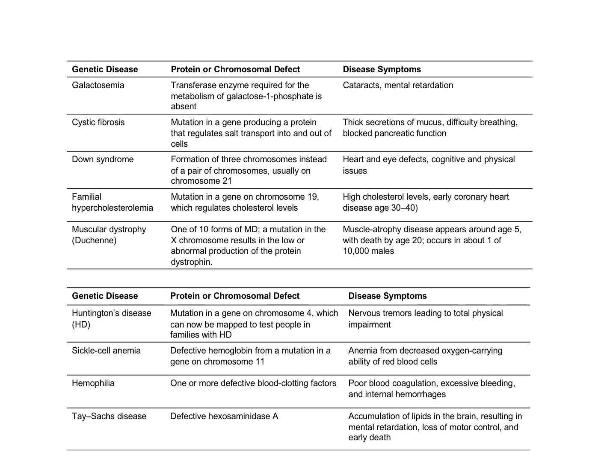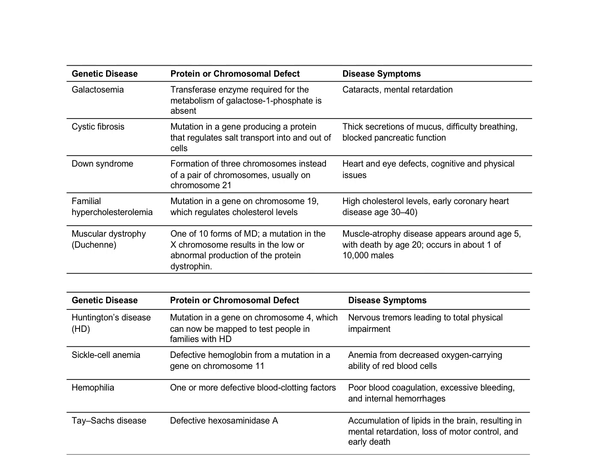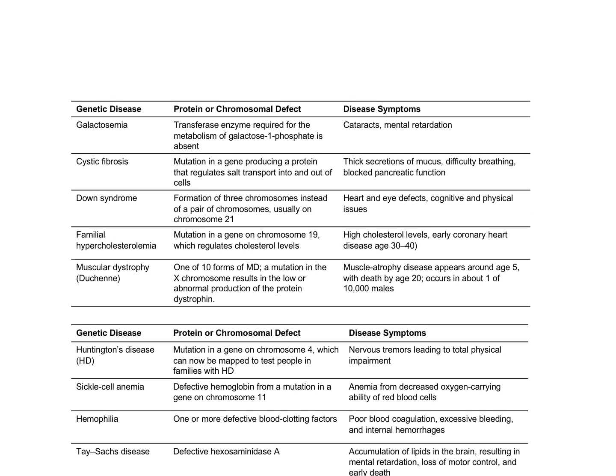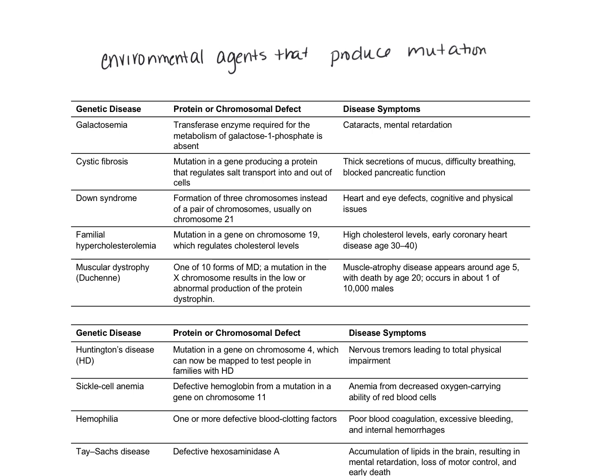So overall, rarely when DNA replicates do errors occur. Every so often they will occur, and that's just a spontaneous mutation. Environmental agents that produce mutations in DNA are mutagens, right?